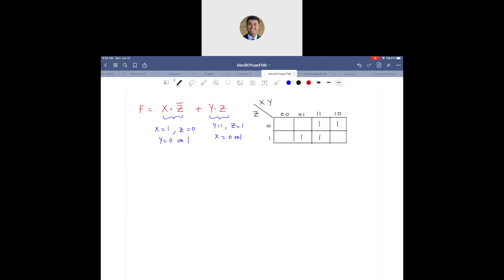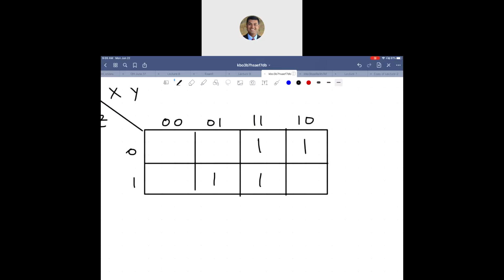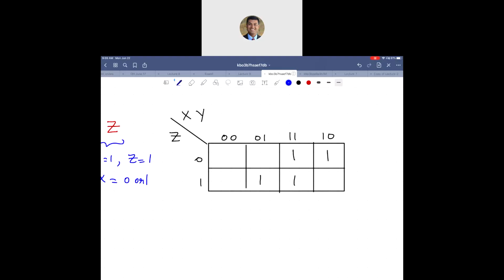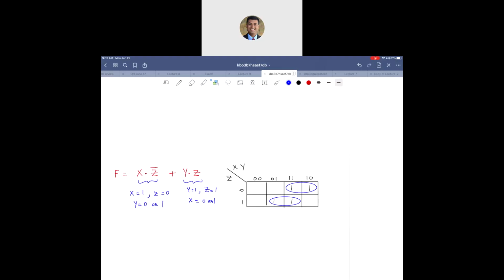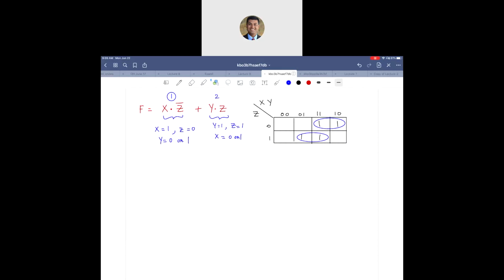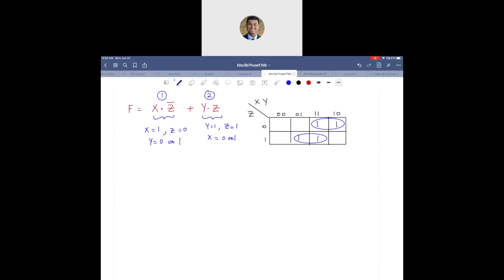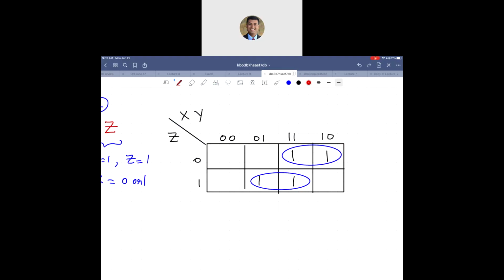So let's look at the prime implicants here. What are the prime implicants? Prime implicants are 1, 2, which is 1, 2. Is there a redundant prime implicant? That is the redundant prime implicant. What is that?